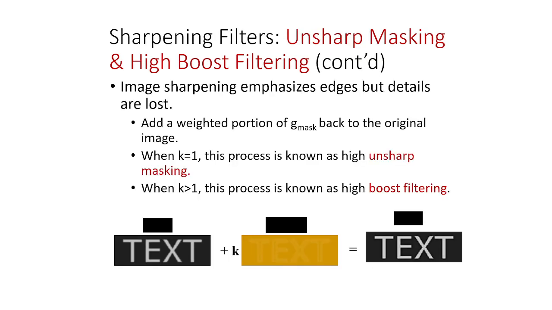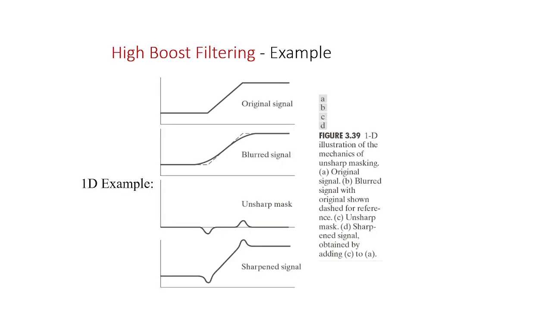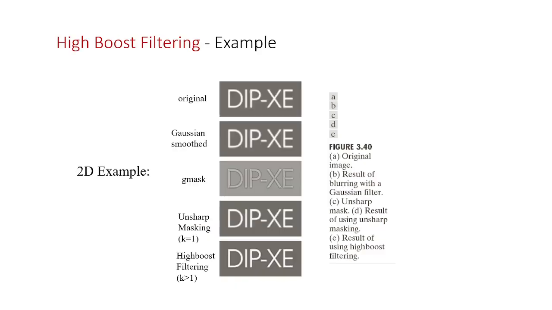Subtracting that, you get the high contrast value. High boost filtering is sharpening of the image: original, blur, and then sharpened image. This is another example: original, when the Gaussian method is done, Gaussian mask is done, unsharp mask is done. Putting it together in a 2D example, we call them boosting filters.